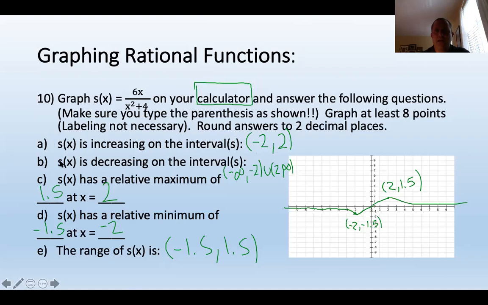B says s of x is decreasing on the interval from, now it's decreasing from negative infinity all the way to where x is right here, which is negative 2. So from negative infinity to negative 2, union, and then it's also decreasing right here. That's from x equals 2 off to infinity, so 2, comma, infinity.